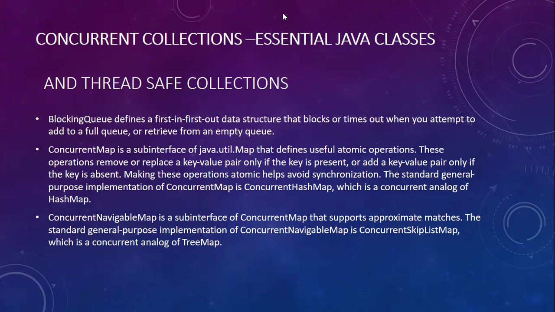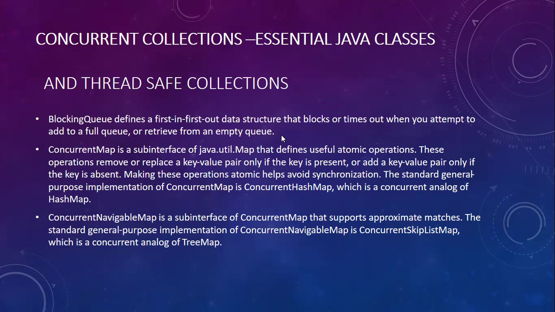Concurrent APIs were added in JDK 1.5, and later they added many more classes into the same family. One of the very important collections is the blocking queue, which comes under the queue family. This is defined as a first-in-first-out data structure that blocks or times out when you attempt to add to a full queue, or retrieve from an empty queue.